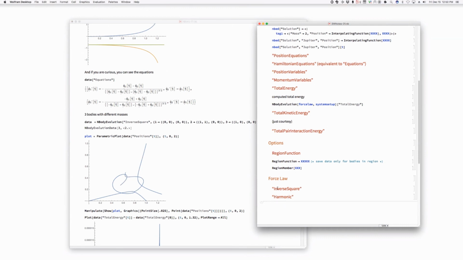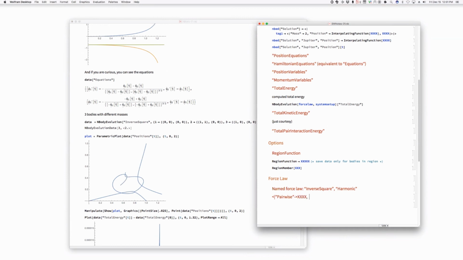Okay, but so the force law is either a named force law, such as inverse square or harmonic, or something with the form of an association, something like pairwise. Is that correct?